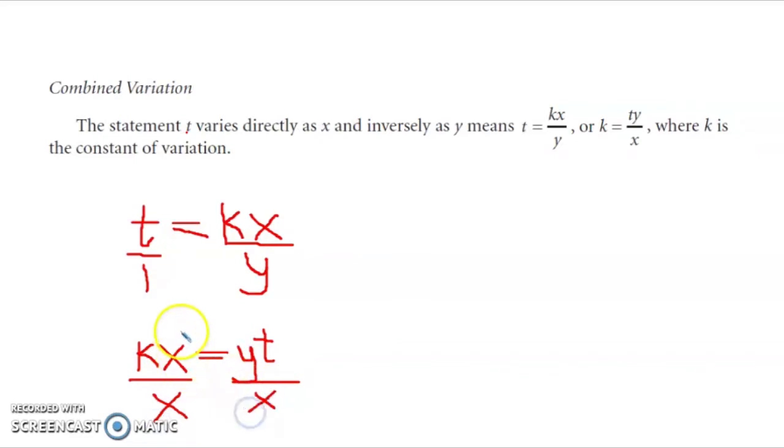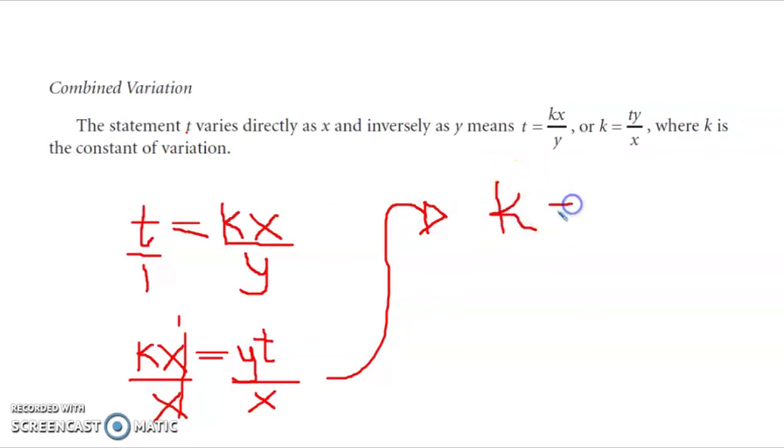Dividing both sides by x, this is 1 now. K times 1 is k, so let me write the equation here. Your constant of variation is equal to ty, or yt, it would not matter because multiplication is commutative, yt all over x. So that is your k.